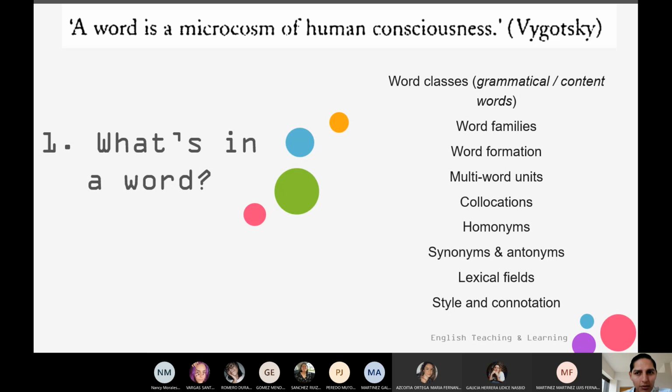And those word classes, those parts of speech, are usually divided into grammatical words and content words. Grammatical words are those words which don't have the main role in a sentence or the meaning of a phrase, such as prepositions, interjections. It depends, of course, but grammatical words are those that can be omitted at the moment of receiving a message.